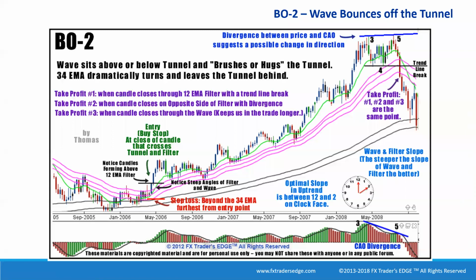I don't think it's a requirement, but it's a nice entry when we have a nice steep wave 2 retracement and price comes back to the tunnel and the wave just touches the tunnel. Okay? It's just nice that when the wave comes back to the tunnel, price will touch the tunnel and we don't have such a gap between the wave and the tunnel. But it's not a rule, it's a guideline.